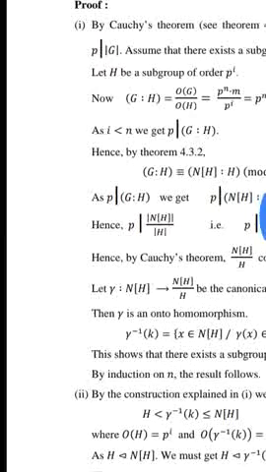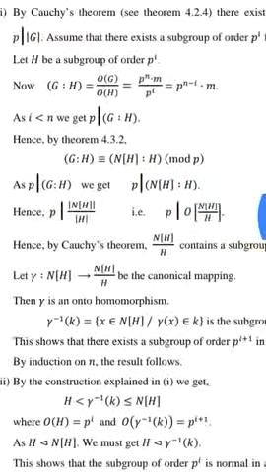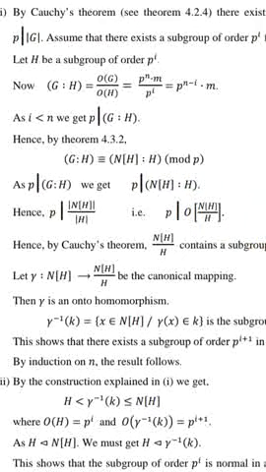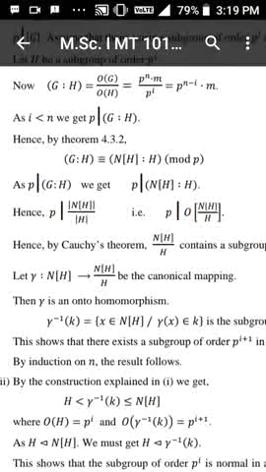Let it be K. Let gamma from N(H) to N(H) over H be the canonical mapping. Then gamma is an onto homomorphism.